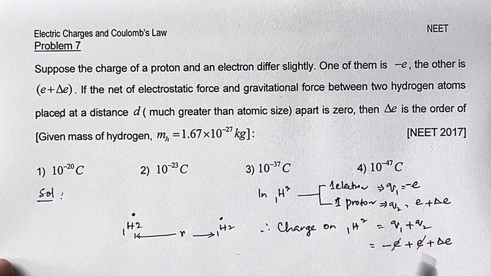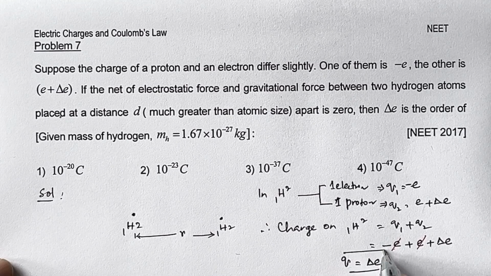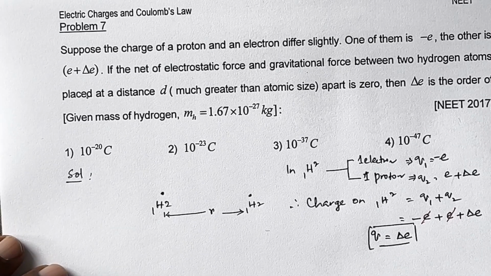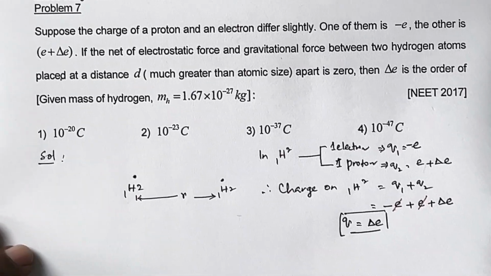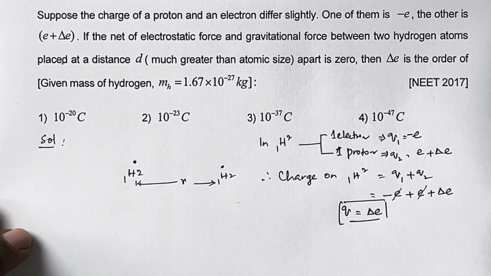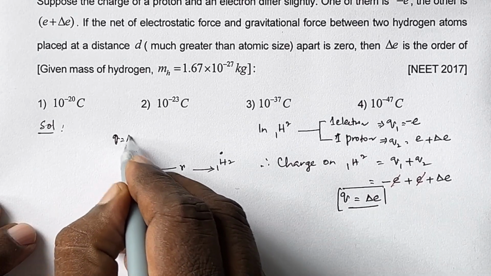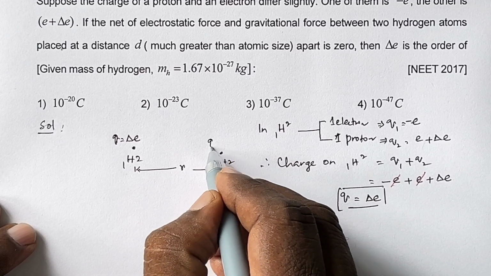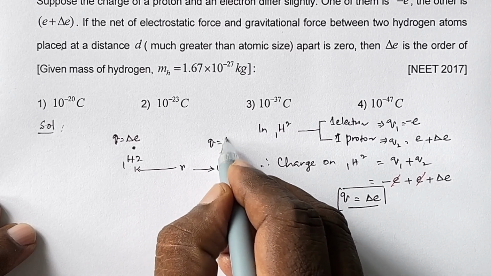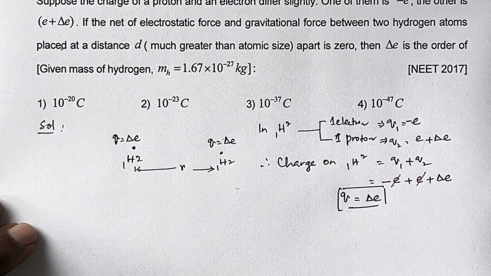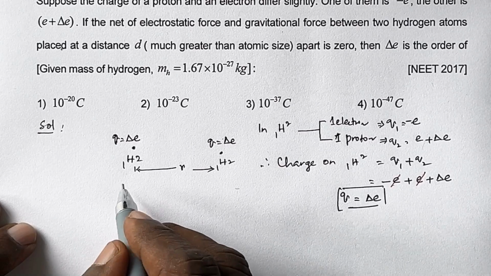So the hydrogen atom charge q is equal to delta E. This is the charge on the hydrogen atom. Here also q is equal to delta E, right? And the mass of the hydrogen atom is also given.